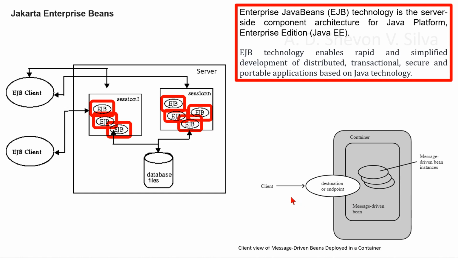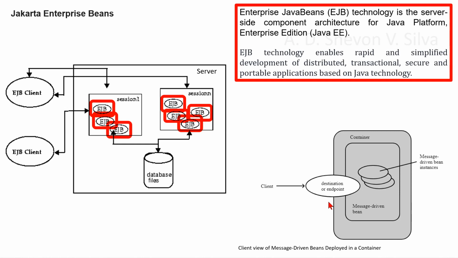Client's JNDI namespace may be configured to include the destinations or endpoints of the message-driven beans installed in multiple enterprise beans containers located on multiple machines on a network.